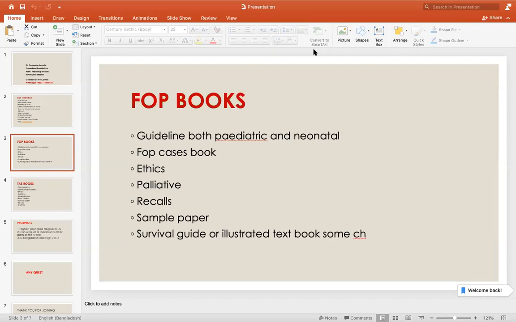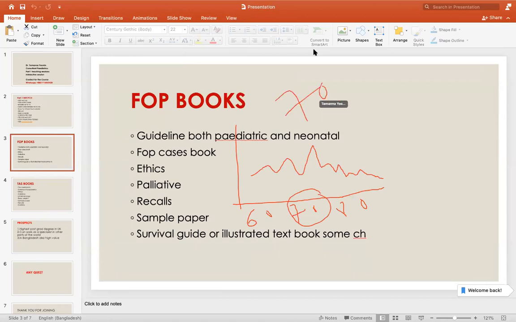I am drawing the graph. Suppose this is a graph, and this is 60% marks, 70% marks, 80% marks, and maximum people got marks around this. You can see the graph. So 70% marks maximum people got. That means the pass mark will be around 70 to 75.